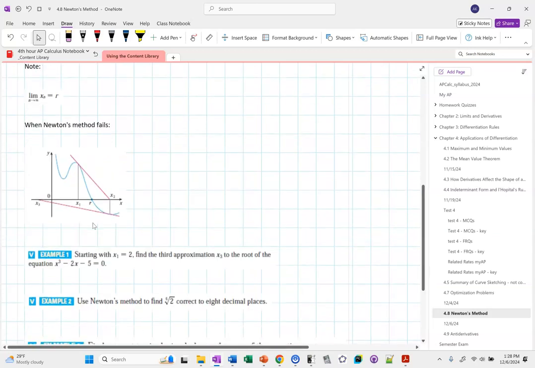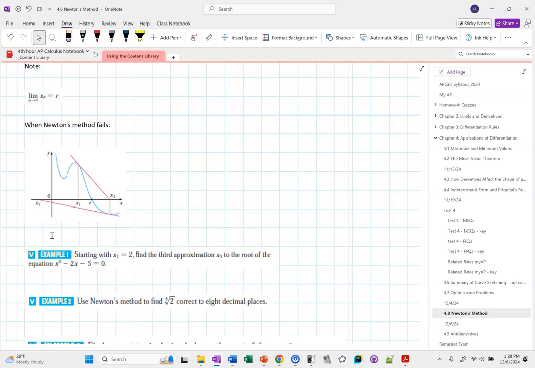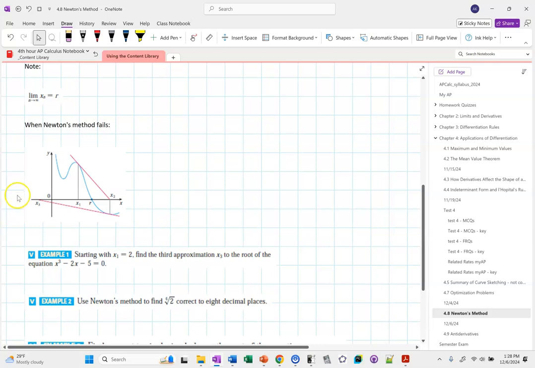So with Newton's method, the initial conditions matter, right? It's not a perfect approximator because weird things can happen. If we look at an example like this where we have lots of extrema localized in one area, and this was my x1, I approximate.